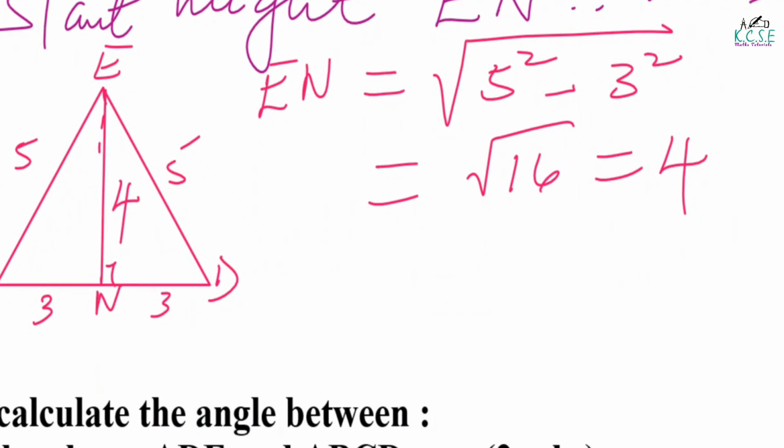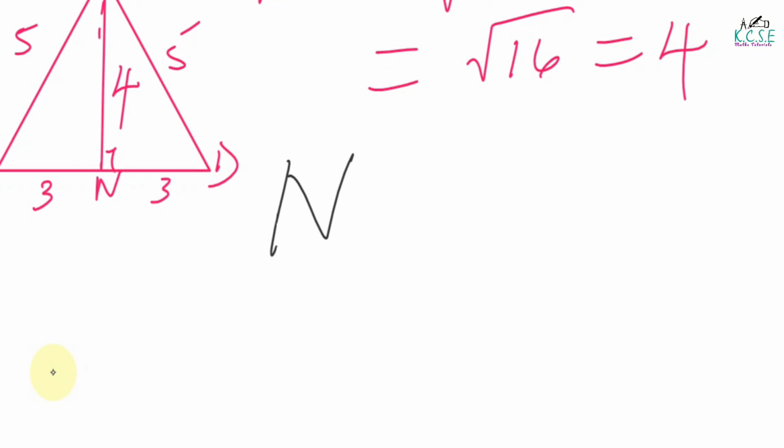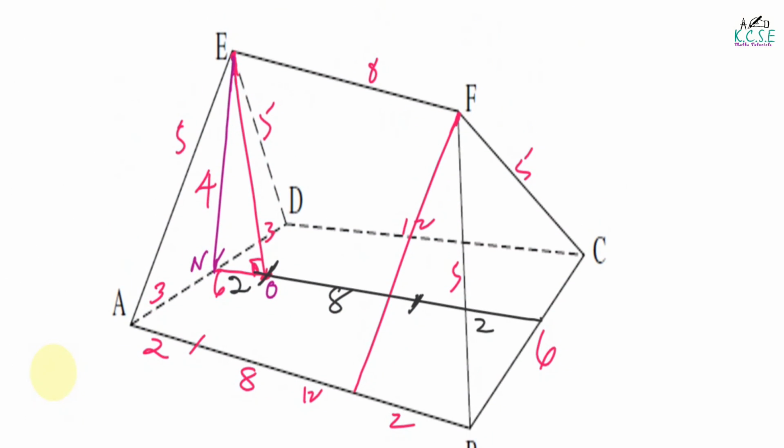NO will be 2 meters. And we've obtained 2 meters by the fact that using EF, when you look at line EF, it is 8.